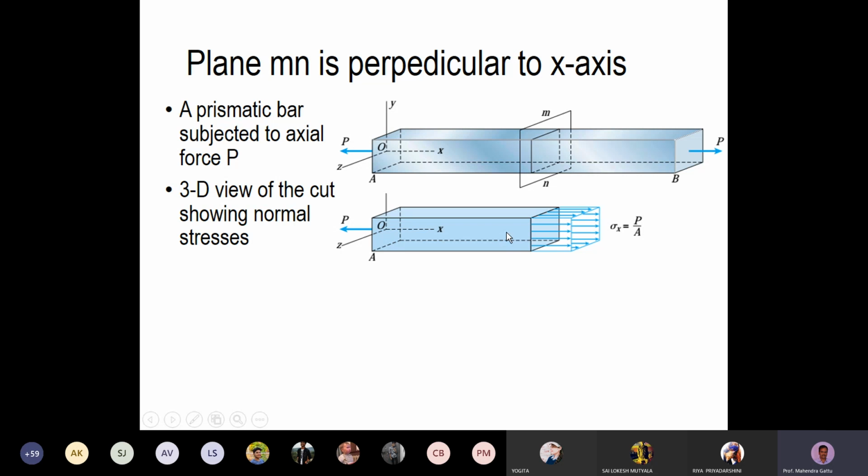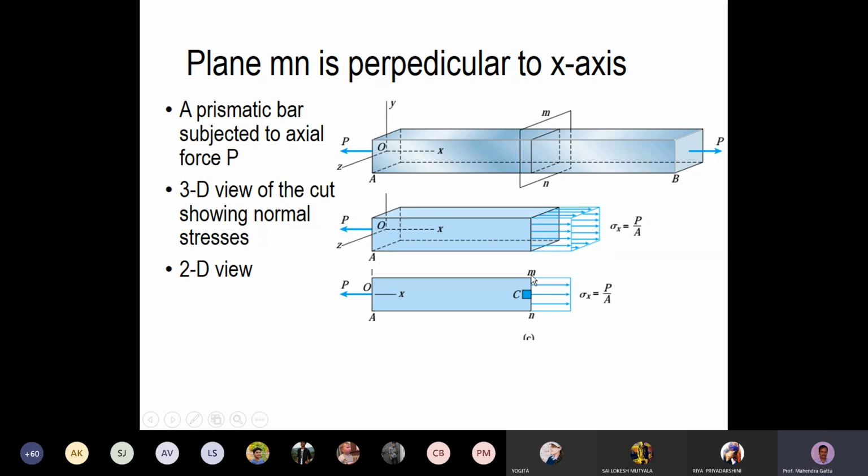So this is a 3D view. What we can do is look at it from the z-axis, so we will get a 2D view. This is how the 2D view looks, like the elevation. This cross section MN, which was rectangular, is now simply shown by a line MN.